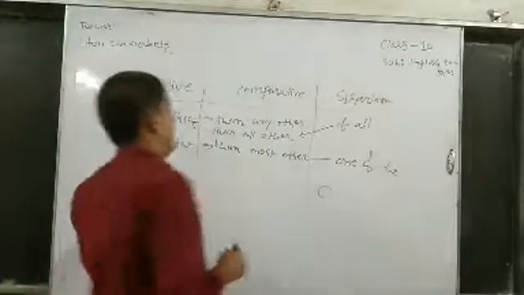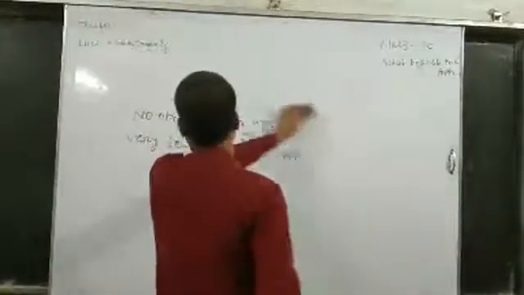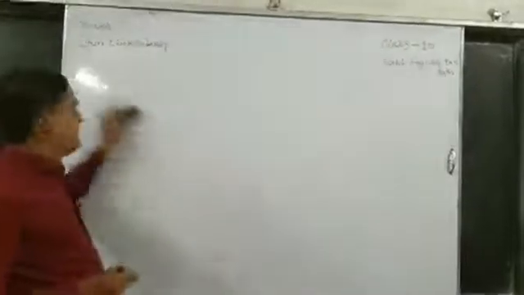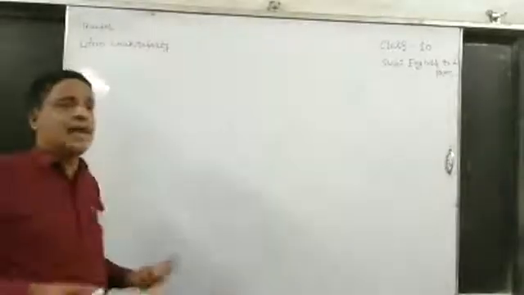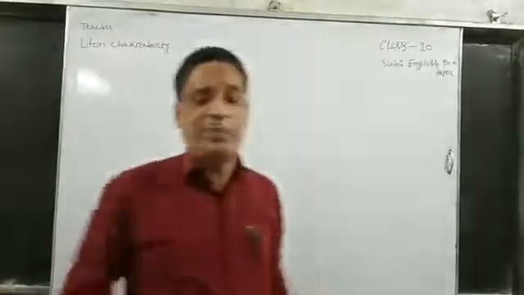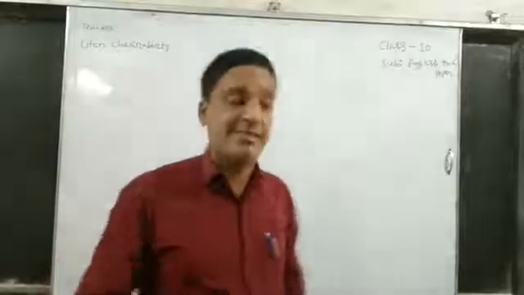Now I will show only 3 sentences, 3 structures, and you will write them down. And another day I will take another class because there's no time for taking class.